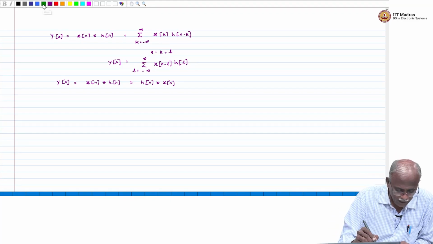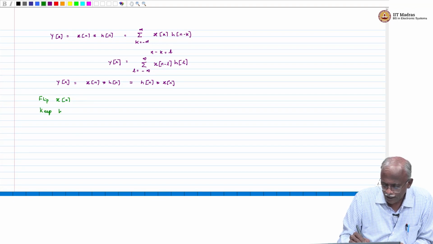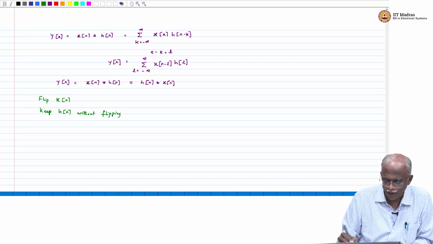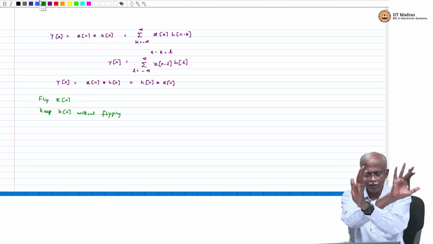So what I would like you to do is flip x of n and shift, and keep h of n without flipping, and verify. Basically you will have this decaying exponential, and the input sequence will flip around.